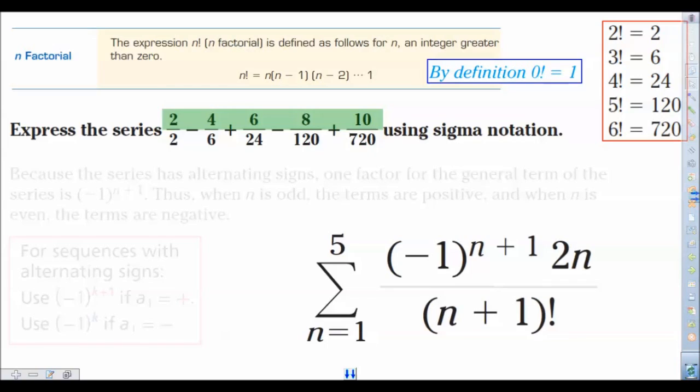However, if we made this just n factorial, we'd have to plug in a 1 there, and 1 factorial is 1. So what we need to do is modify n factorial and say, well, start off with n being 1, but then add 1 to it for each term. That way you're starting with 2 and then going to 3, 4, and 5, and then you stop right there, right? So there would be our general rule, now in fraction form.